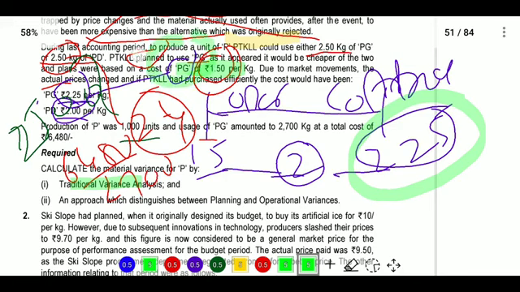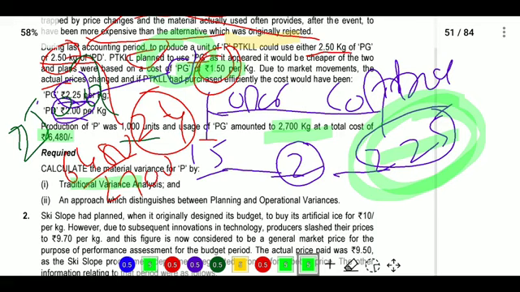It was budgeted at this and revised to this one, but we are purchasing at 2.4. How did we get the 2.4? 6480 divided by 2700, that is the revised price. So 2500 minus 2700 into 2.25. This is the case.